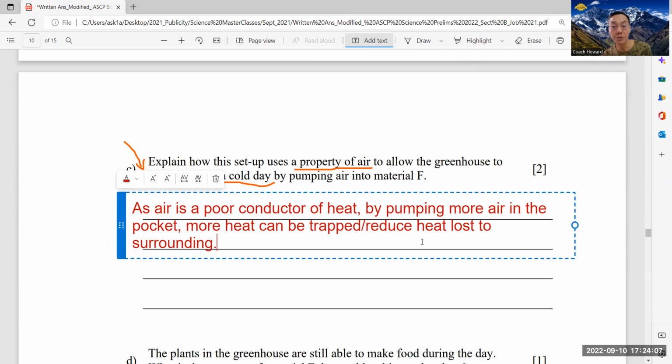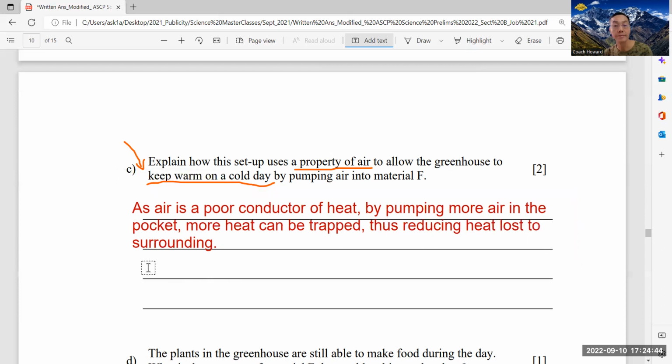By pumping more air into the pocket, more heat can be trapped, thus reducing heat loss to the surrounding. Okay, quite easy to get these 2 marks.